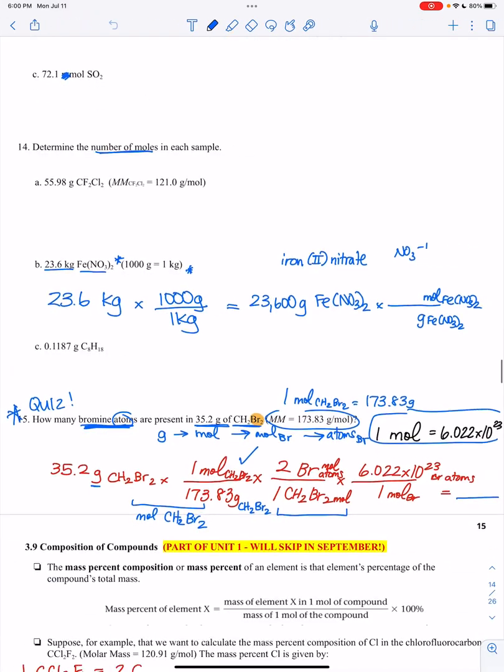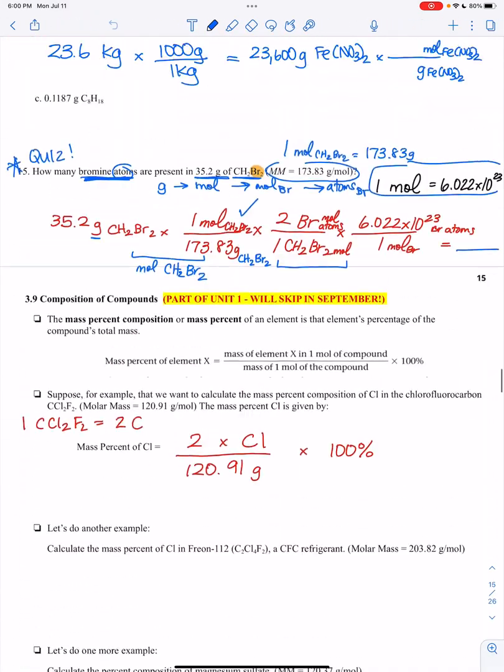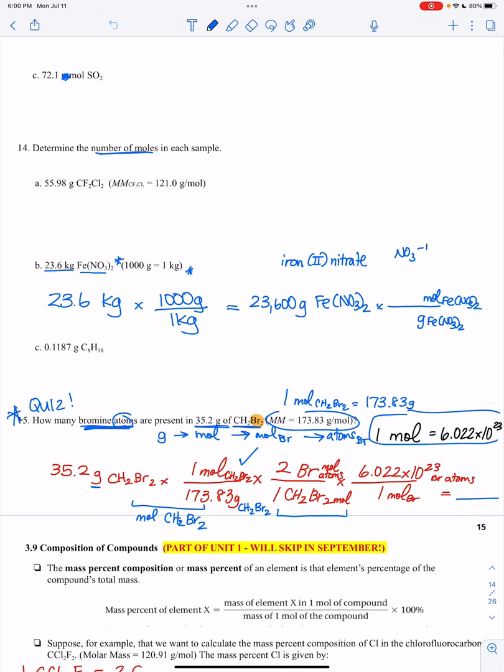And I could use this now back in our exercise 15. So I'll jump back there. So I have the molar mass over here is 179.87 grams per mole. So 1 mole will go on top, 179.87 grams goes on the bottom, and now I could do my simple math here. I'll do 23,600 times 1 divided by 179.87.